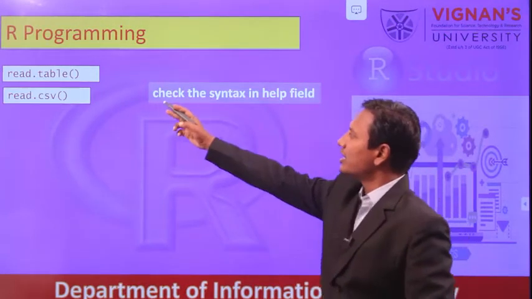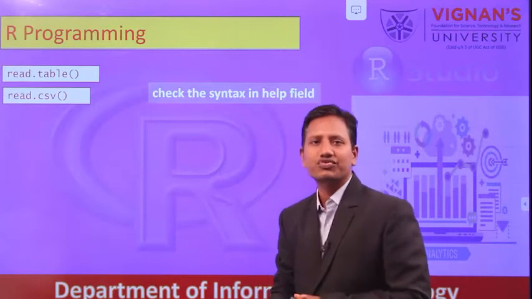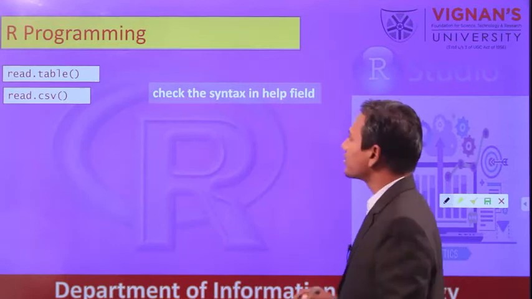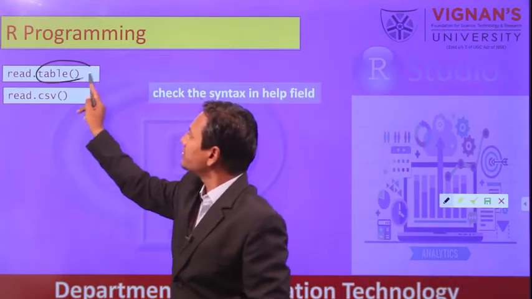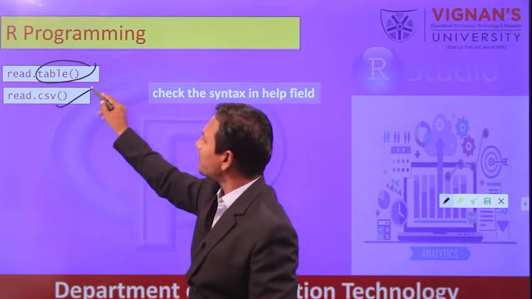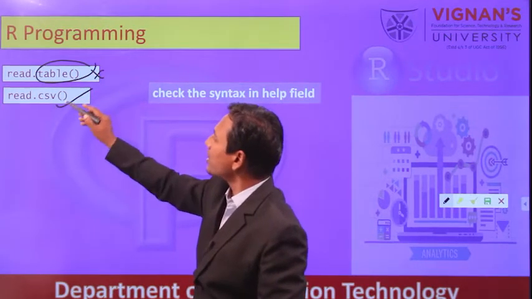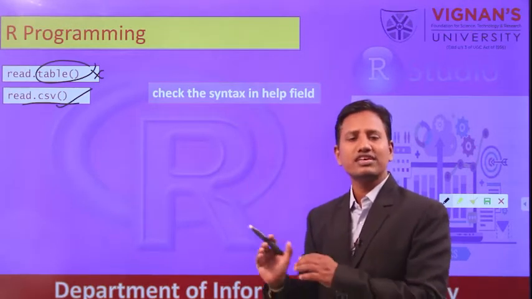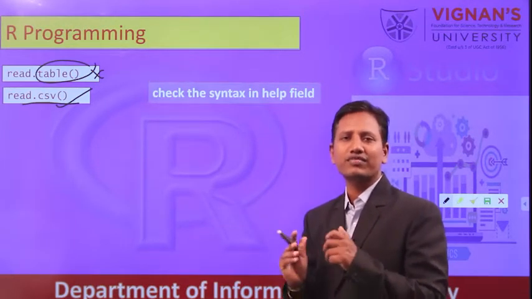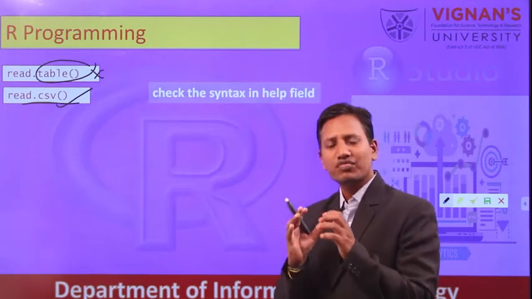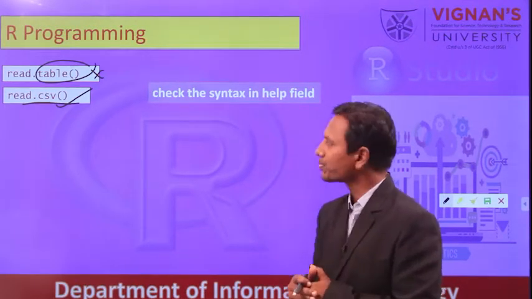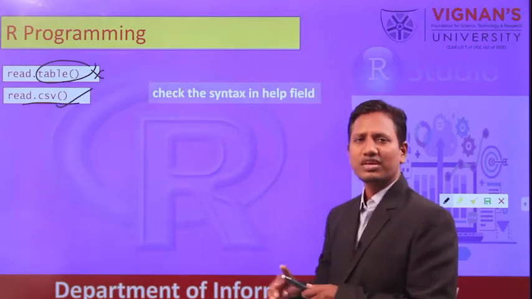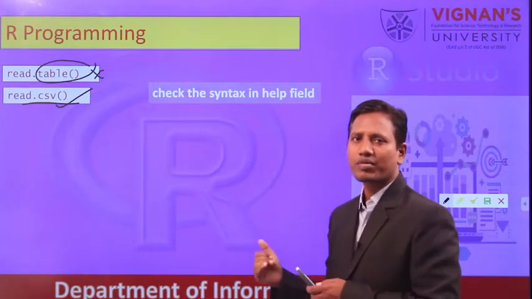One is read.table, another one is read.csv. This is the old function and this is the latest function, so mostly we are using this function. I have already told you the CSV stands for comma separated value file. This is a special format of Excel sheet. Now we'll see the syntax of the read.csv that is available in read.table format only.